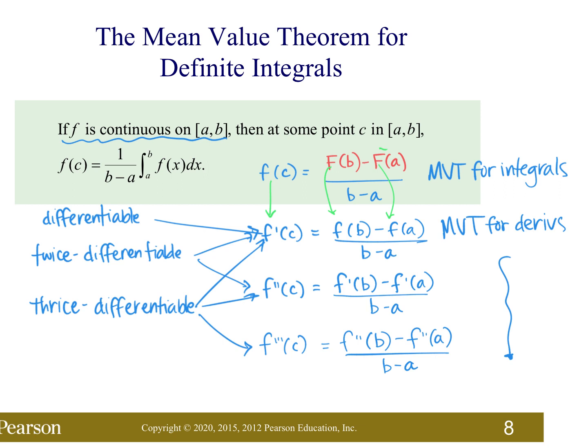If you're continuous, continuous gets the first one: there has to be a solution to f of c equals capital F of b minus capital F of a over b minus a. That's the integral over the interval if it's continuous. But if you've got layers of differentiability here, those layers can lead to all the other mean value theorems as well.